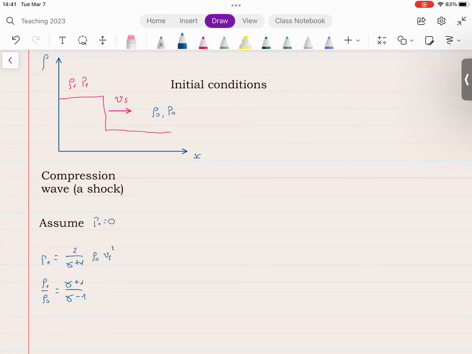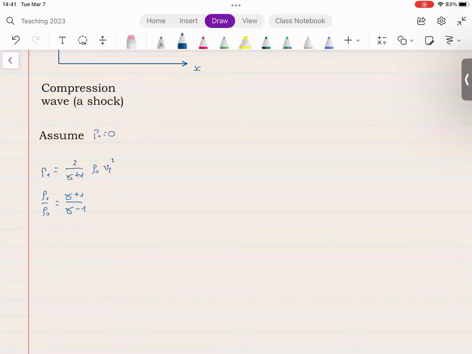And there is another relation for the velocity. Might as well write it just to confuse you a little more. Rho naught Vs squared, there should be a P0 here, but we are assuming that's 0, is equal to P1 plus rho 1 V1 squared, where V1 is the velocity of the fluid after the shock has passed.